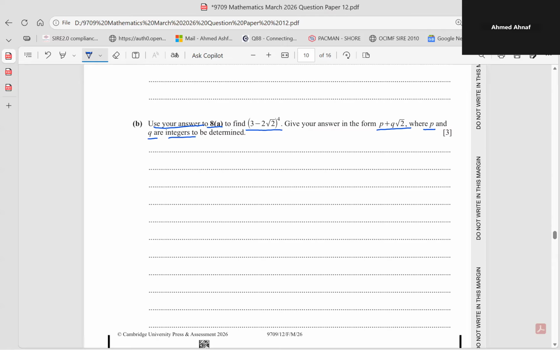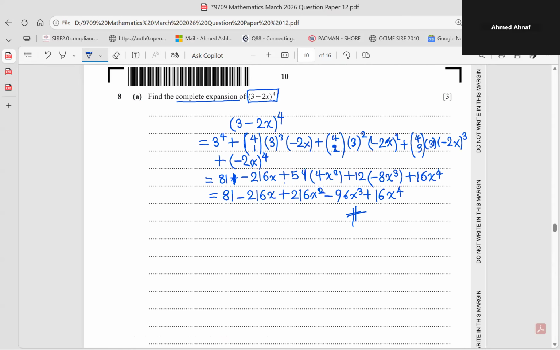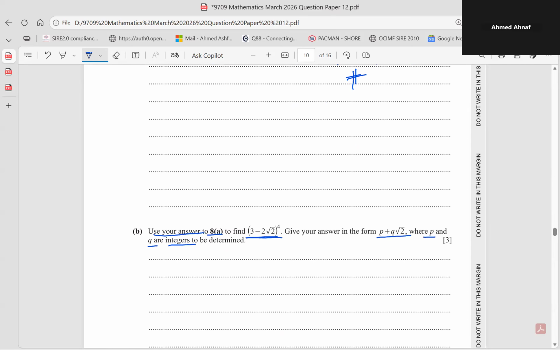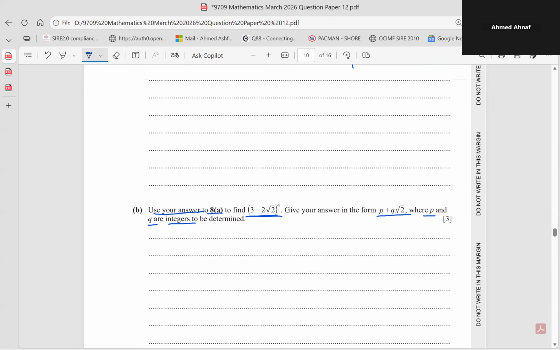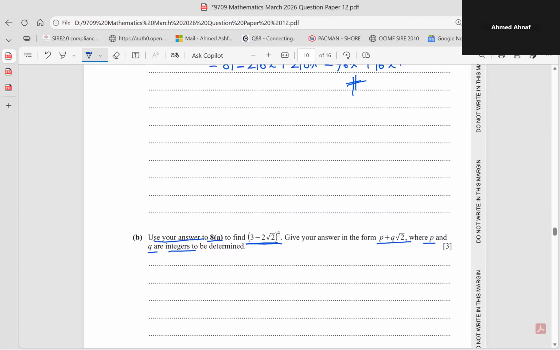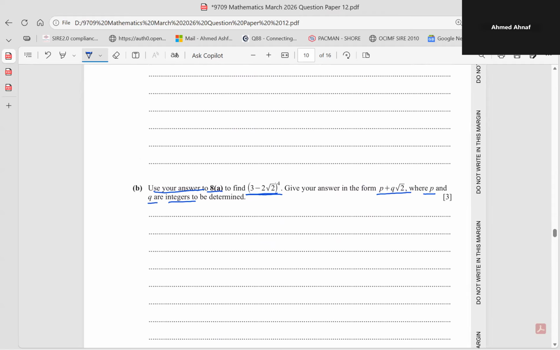Okay, so first things first, let's try to notice the similarities between this expression and part A. So you can see that everything is the same except the square root 2 part. So basically, the x is replaced by square root 2. So to find this, we're just going to substitute x equals square root 2. So let's do that.